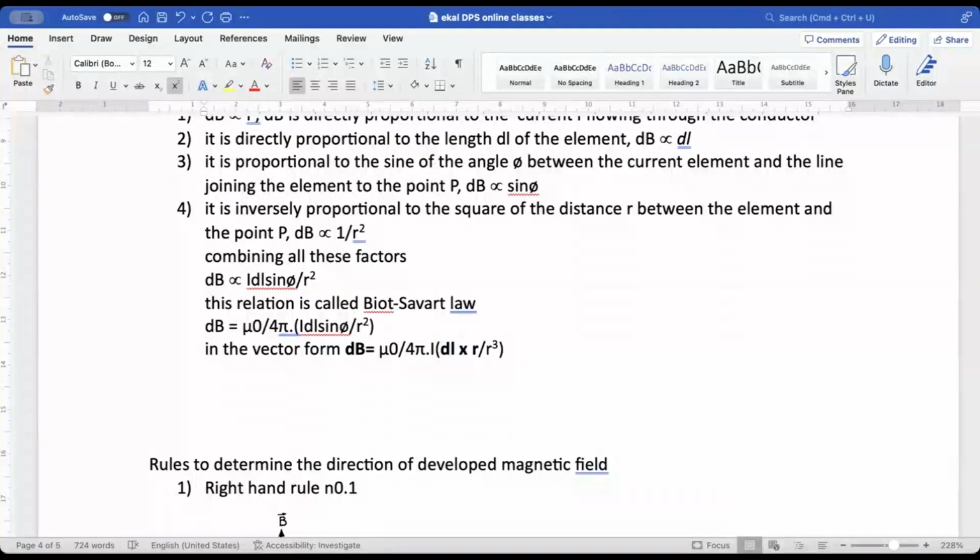Right? So the magnetic field at P due to the entire conductor can be found by integrating this relation.